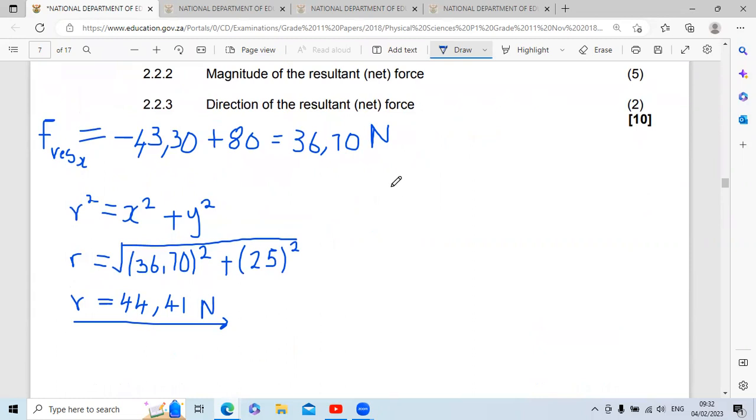So we're going to say the tangent of whatever angle we're going to find is y over x, over 30.